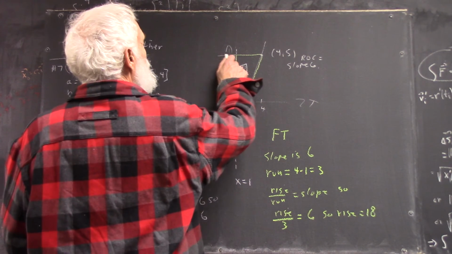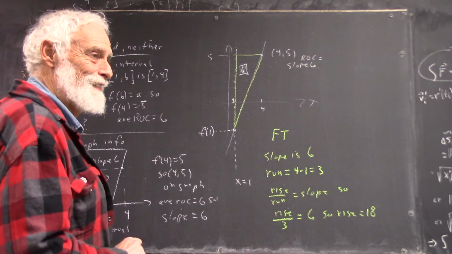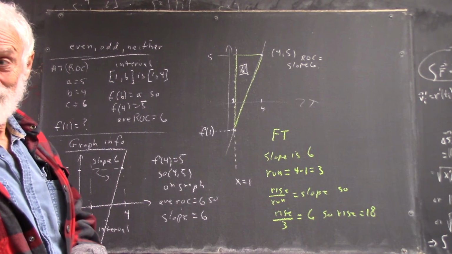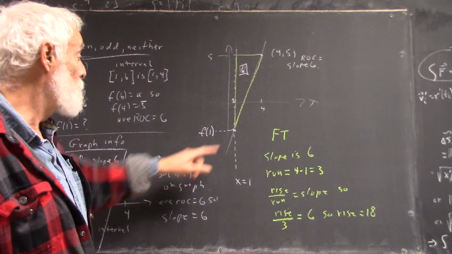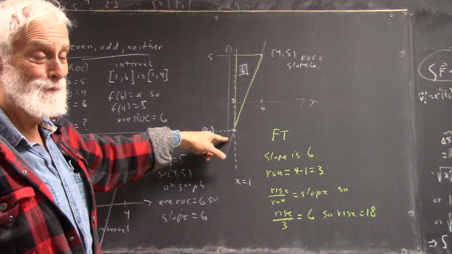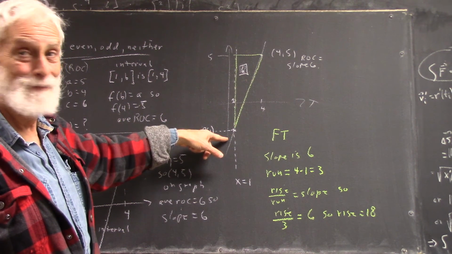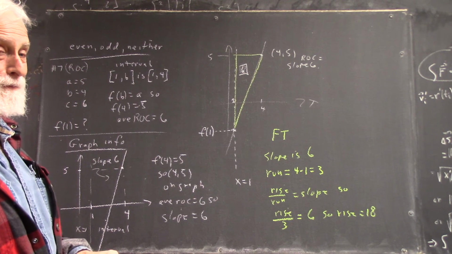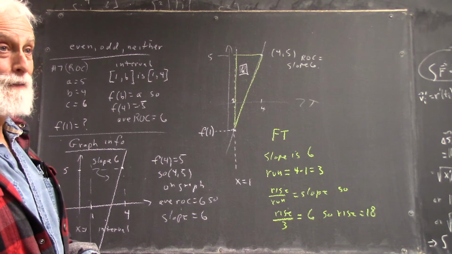So the y-coordinate here is 5, right? Because this is a horizontal line, right? And the rise is 18, so what's this have to be? Negative 13? Yeah.